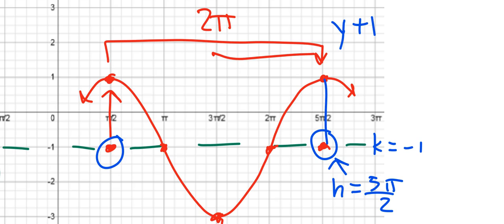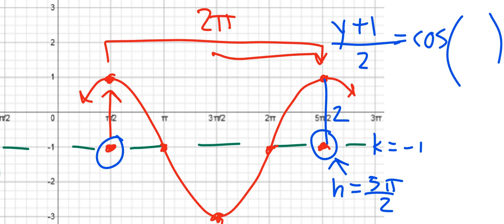Looks like my amplitude is 2. So I could put that over 2 equals cosine. What would you put inside these parentheses? If you chose HK right there. X minus, if that's what you meant, then I agree with you. X minus 5 pi over 2.